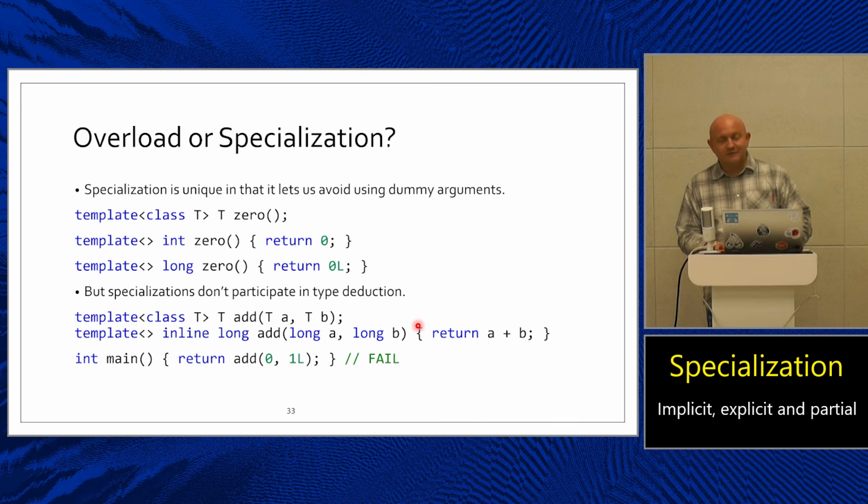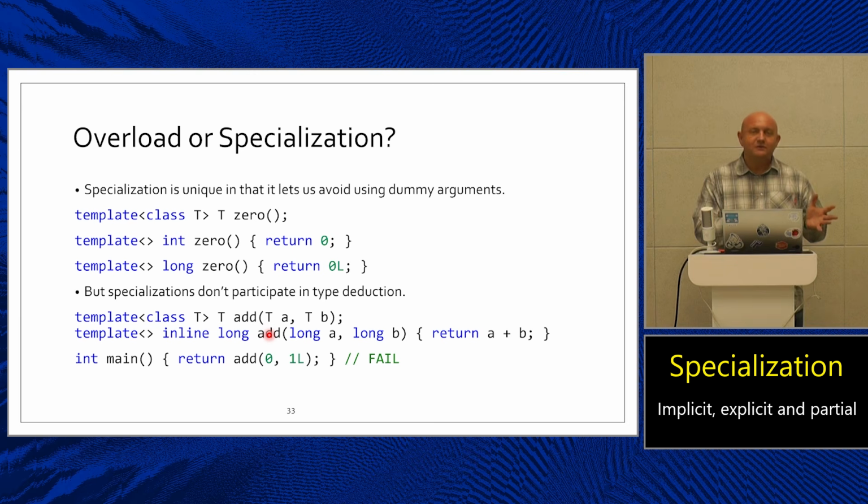So let's summarize. We have both overloading and specialization, and when is one better than the other? The key advantage of specialization is that it lets you avoid dummy arguments. On the other hand, specializations don't participate in type deduction. And these are valid arguments for using either overloading a function or specializing a function.